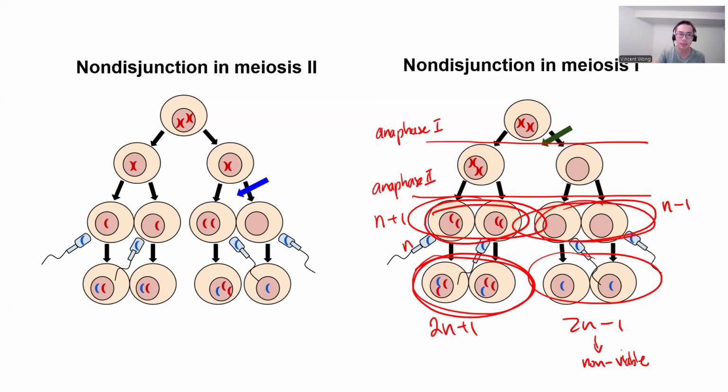But typically, there will be some disorder associated with the situation, depending on which chromosomes are extra. Okay, so people are probably familiar with trisomy 21. Does anybody know what condition is associated with trisomy 21?